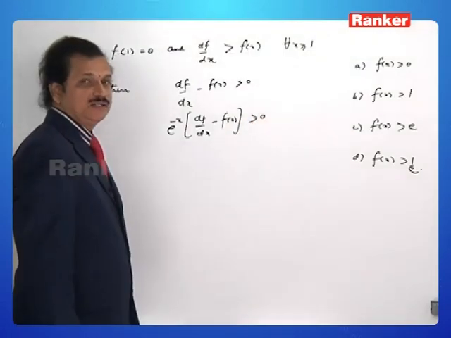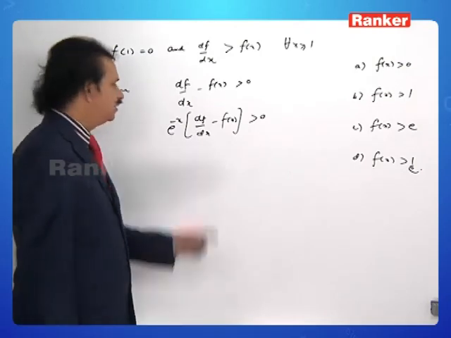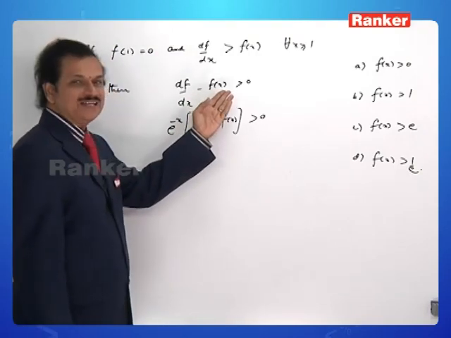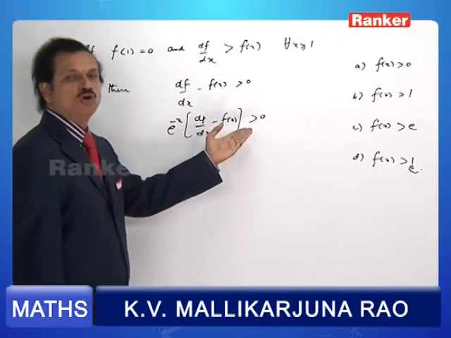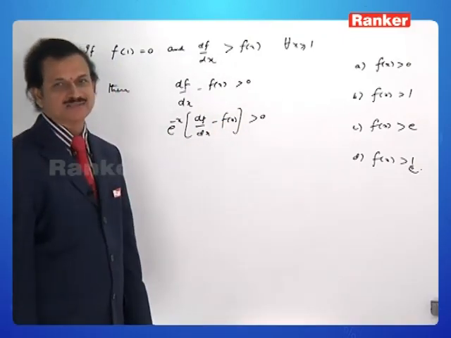Irrespective of the nature of x, whether it is positive or negative, e power minus x is always positive. If you multiply an inequality on both sides with a positive number, there will be no harm to the inequality. That is why I have multiplied with e power minus x.